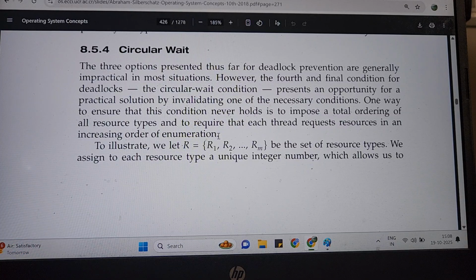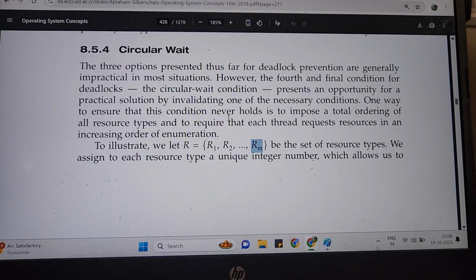So the idea here is you're putting a sequence to the resources and saying anyone who wants to claim these resources should claim them in this sequence only. How will this help? It does not so happen that one person claims this, the other person claims that, and then both are waiting for each other. If one person has claimed this, only that person is going to be allowed to claim the next, and so on.